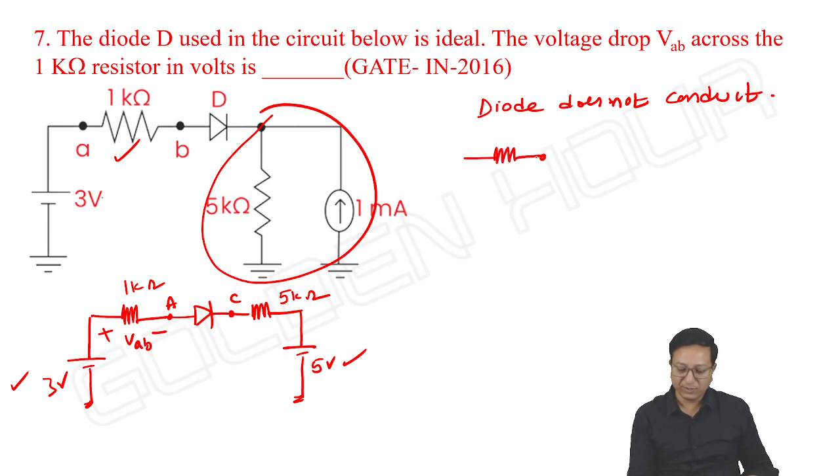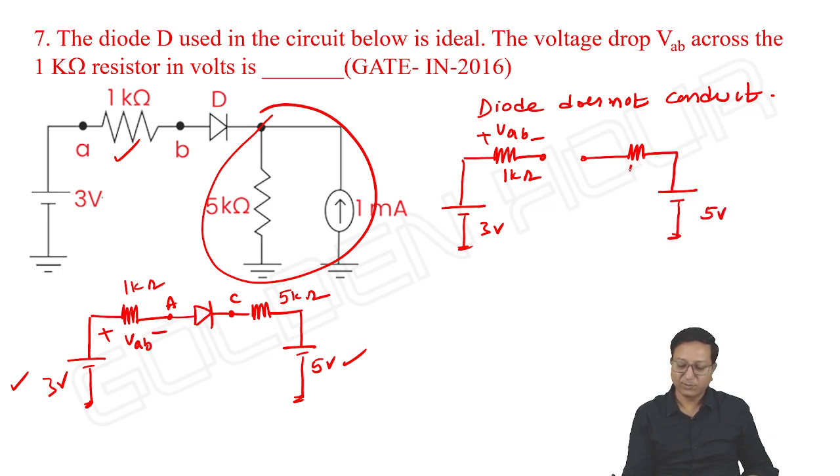So what is the equivalent circuit? 3 volts, 1 kilo ohm, it is VAB, 5 volts and 5 kilo. Okay, is there any current that is possible through this 1 kilo ohm resistor?